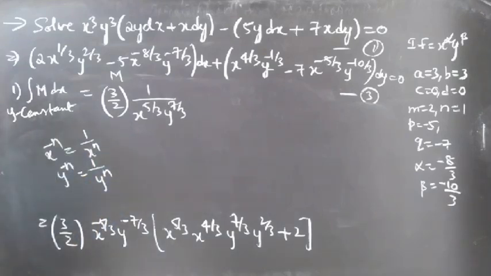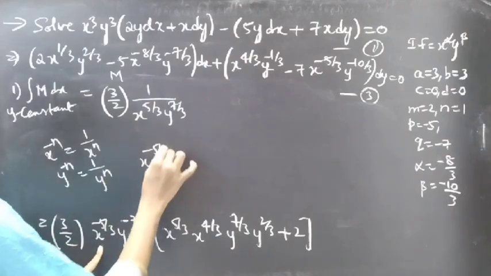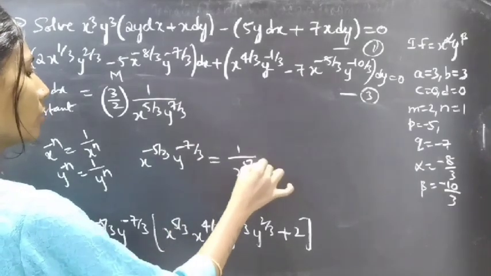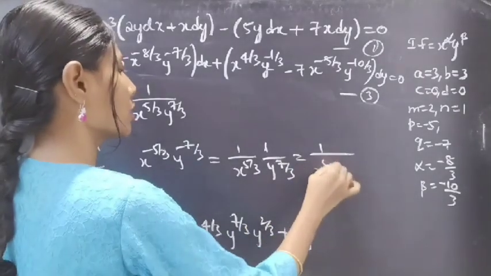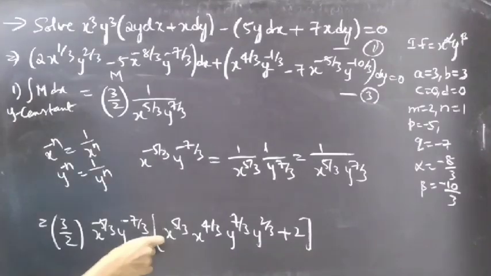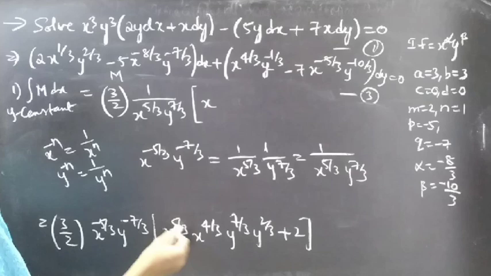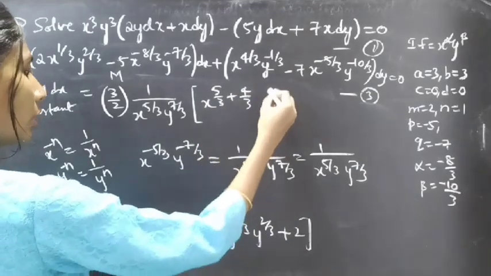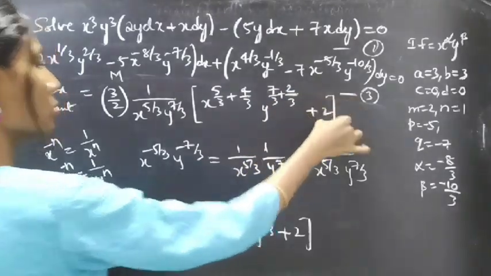Okay. Or you can just write it as x power minus 5 by 3 into y power minus 7 by 3 can be written as 1 by x power 5 by 3 into 1 by y power 7 by 3, which gives us 1 by x power 5 by 3 into y power 7 by 3. Okay. Into x power, add the powers, 5 by 3 plus 4 by 3, into y power 7 by 3 plus 2 by 3, plus 2.